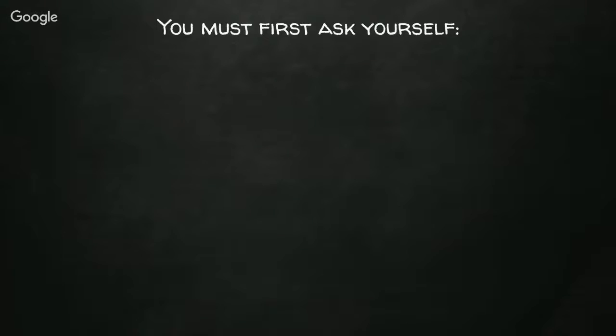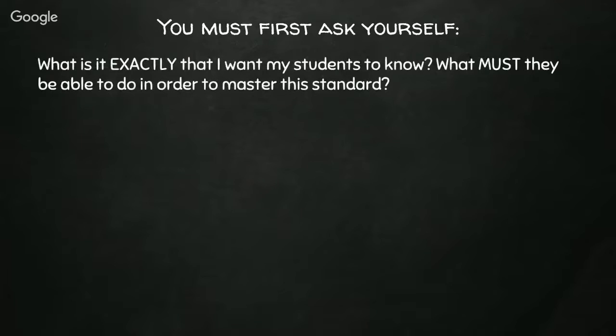So first, you must ask yourself what it is that your students need to know and be able to do in order to master the standard at hand. We have to get away from the practice of just assigning a percentage correct on a test to determine student success. So how we do this is to create a rubric or achievement level descriptors.